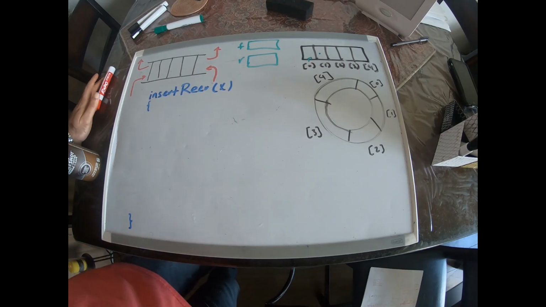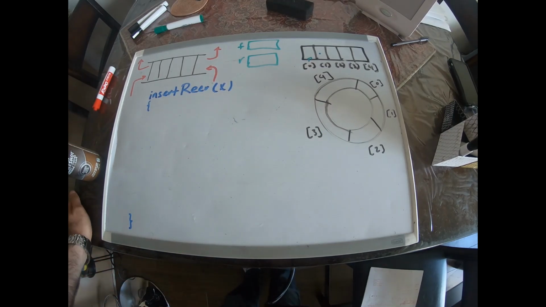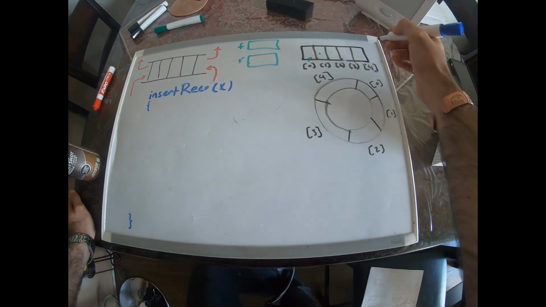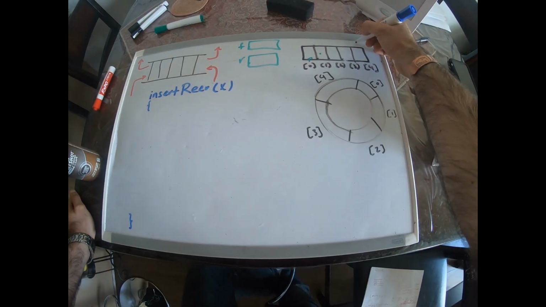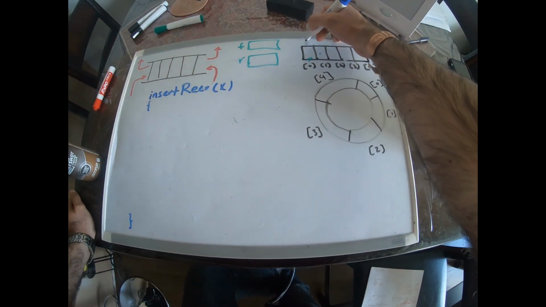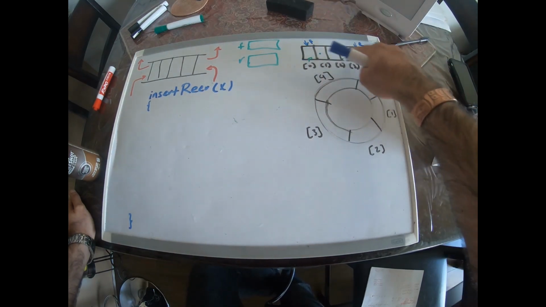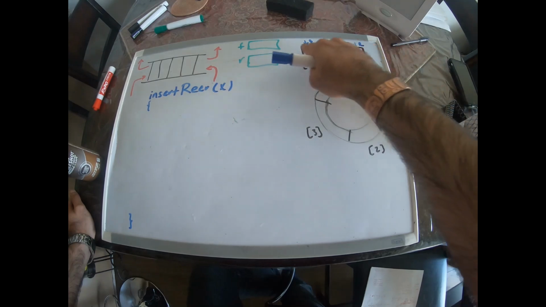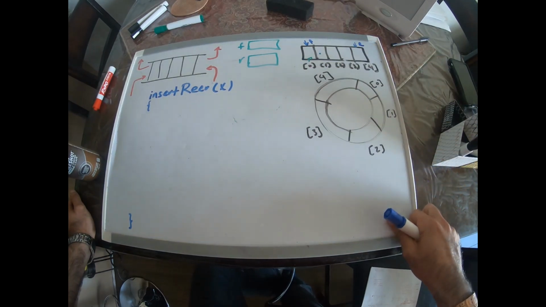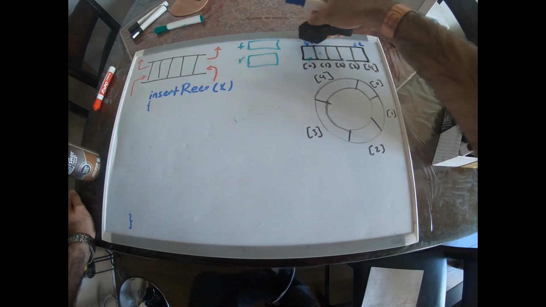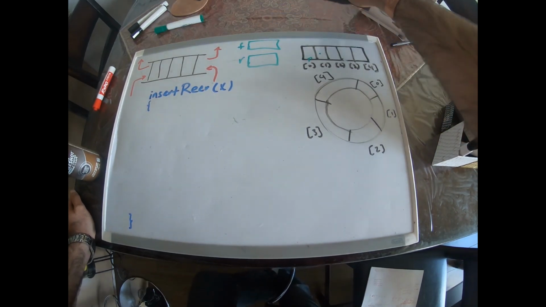So how can the deck be full? The deck can be full if this is the case. For example, if this is our rear and this is our front, this is one case where the whole array is full. But there is another case where the deck can be full.